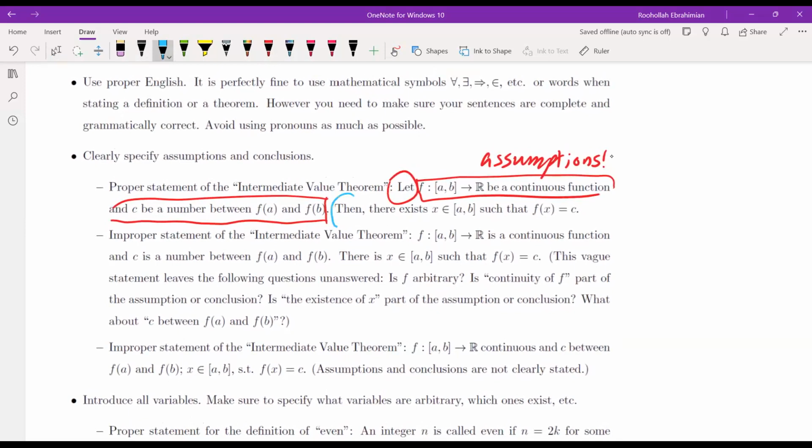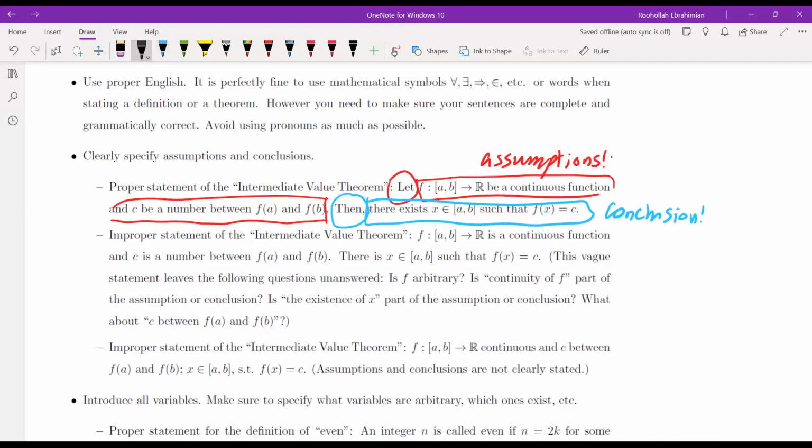And then we indicate the conclusion by "then." Then there is, so this would be the conclusion, there is x in [a,b] such that f(x) is equal to c. So this is a proper way of stating the intermediate value theorem.